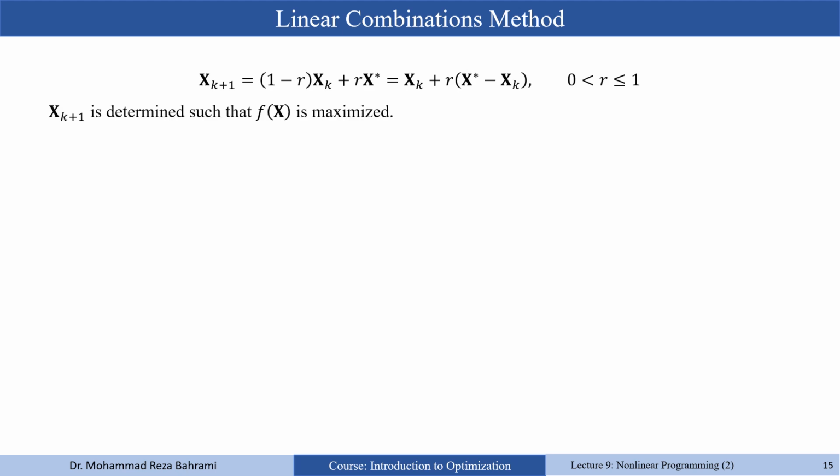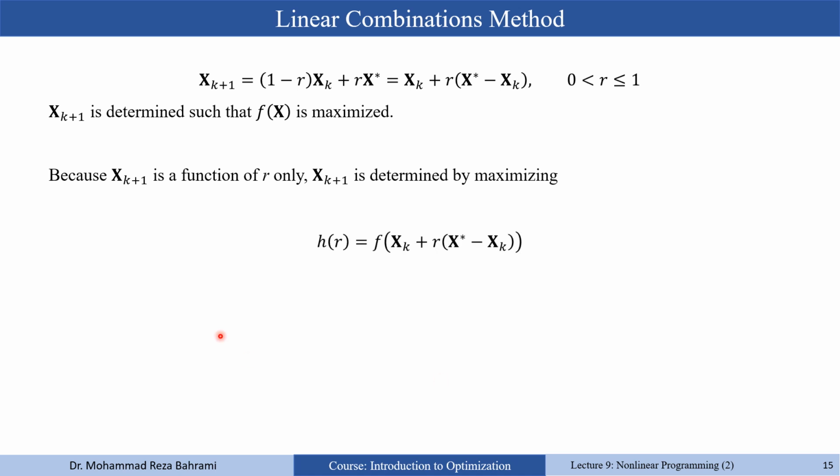So xk plus 1 is determined such that we are improving the objective function to be maximized. And because of this, xk plus 1 is a function of r, so we want to maximize the following function. We saw it previously.